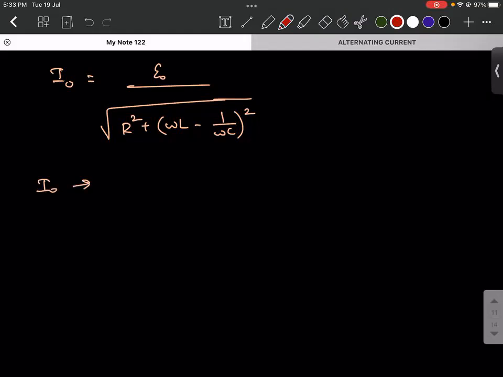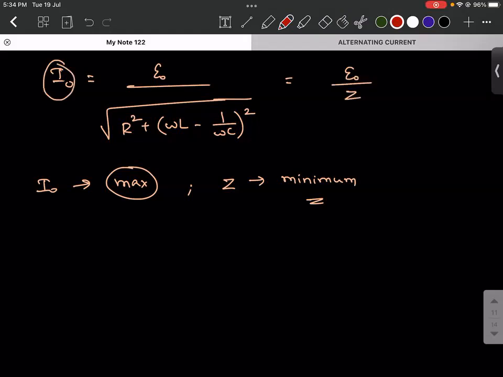Now the next question is, for this I naught itself to be maximum, Z should be minimum, because this is equal to E naught divided by Z. So for I naught to be maximum, Z has to be minimum, right?